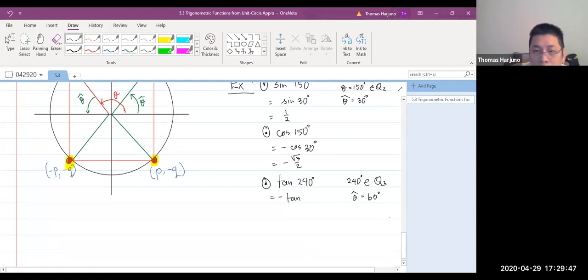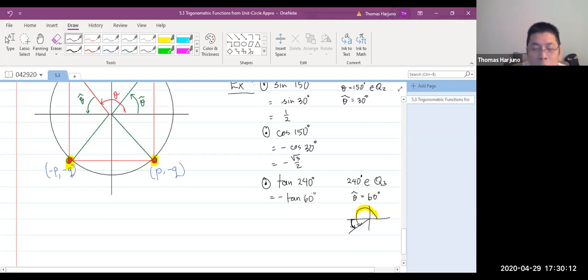Okay, you can try to imagine that 240 degrees is in quadrant 3, right? Now notice that the reference angle is here. That's the reference angle. Well, it's basically the original theta, but you subtract 180 degrees. Right? So we get that reference angle, 60 degrees.